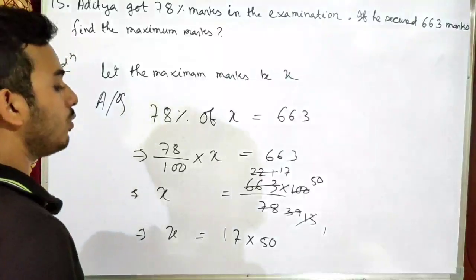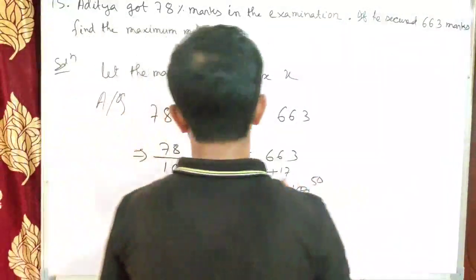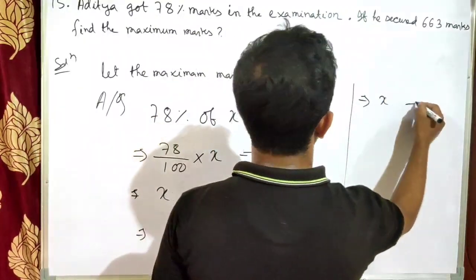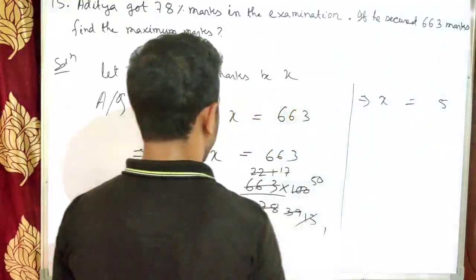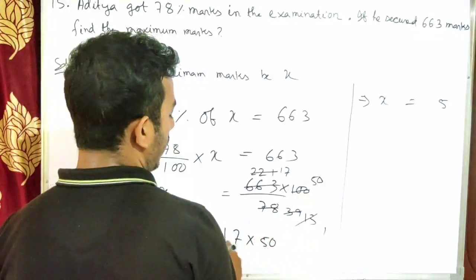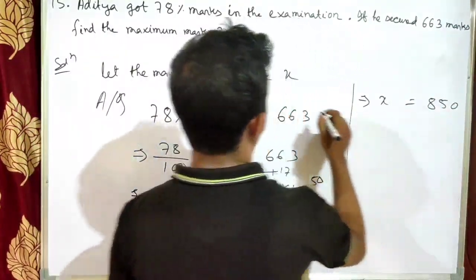Now if we multiply 17 into 5, we can easily find the value of x. 7 into 5 is 35, carry 3. 5 into 1 is 5, plus 3 is 8. So 850.